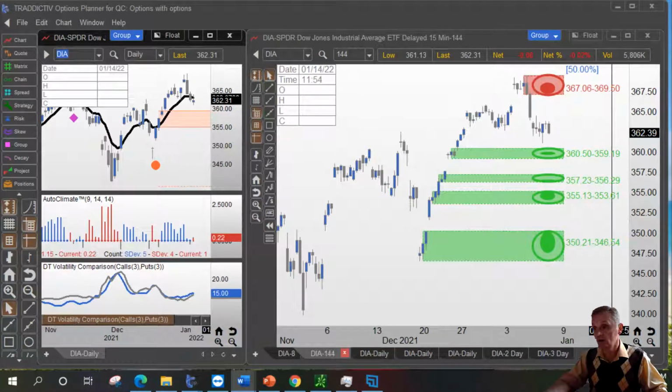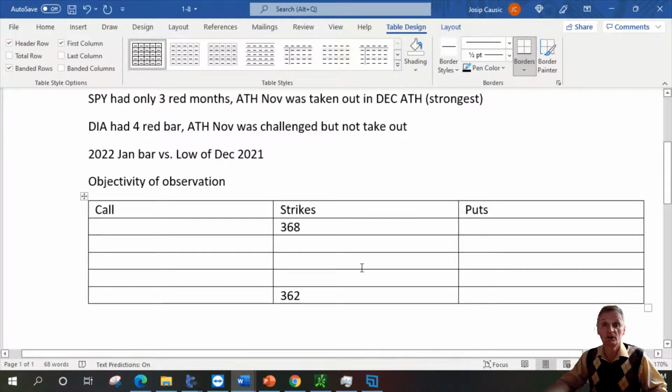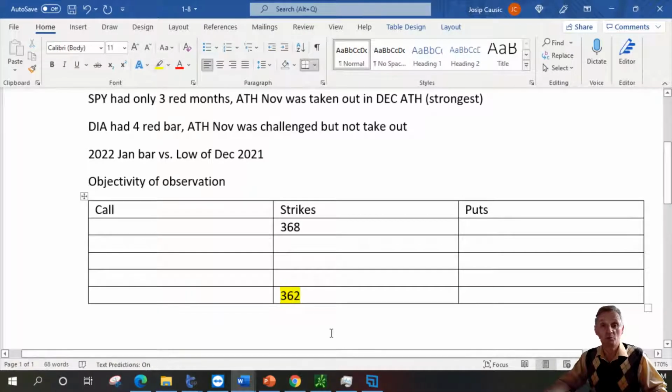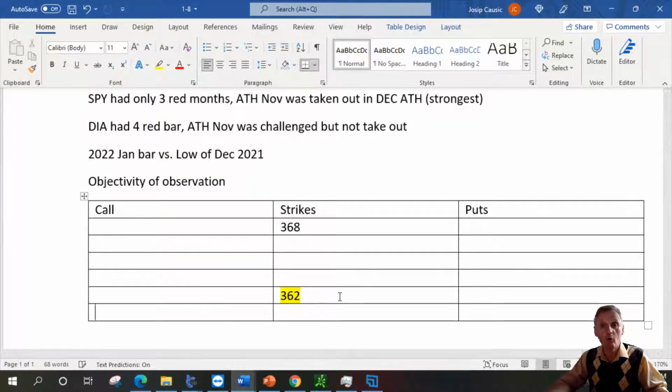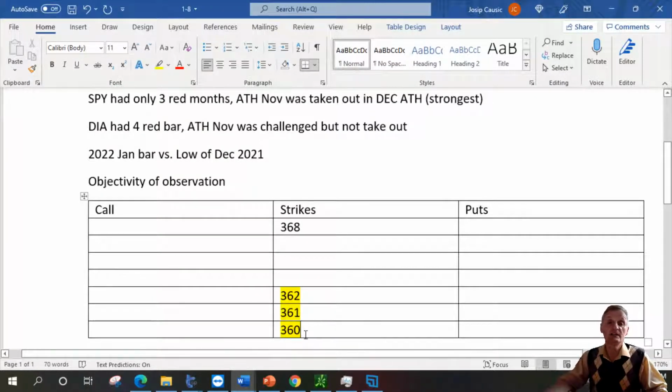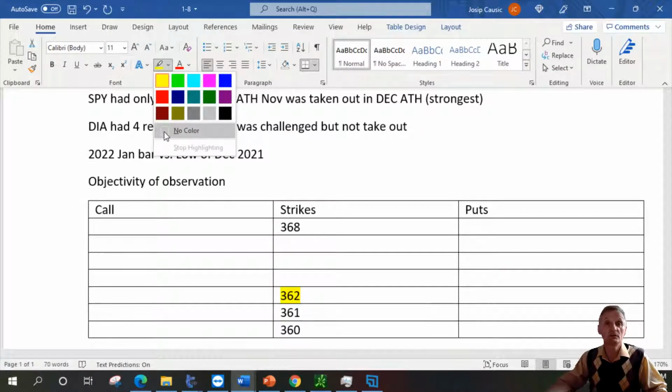So when I know that 362 is where the market currently is, I can highlight that in yellow just to keep in mind that this is a call, and a call is going to have a value only if it goes to, let's say, 361, or if it goes to 360.